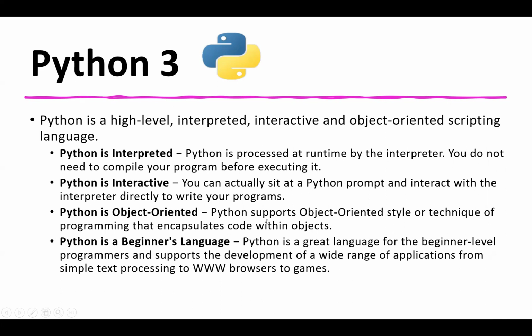And very importantly, Python is a beginner's language because it is a great language for beginners to start with, being very easy to understand. And from this language, you could do simple to complex things as well. Nowadays, most of you are talking about big data, data science, animations, machine learning, AI. All these things you can do using Python.